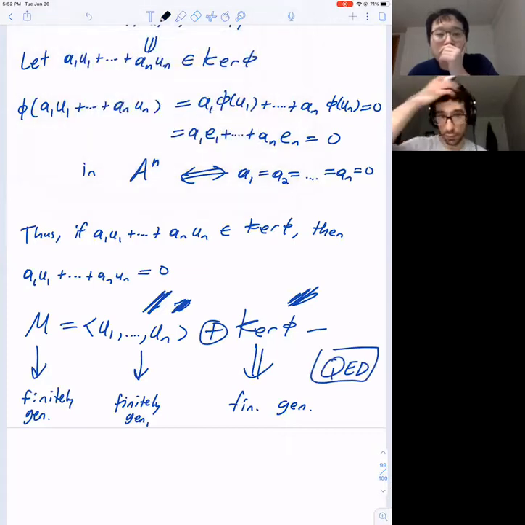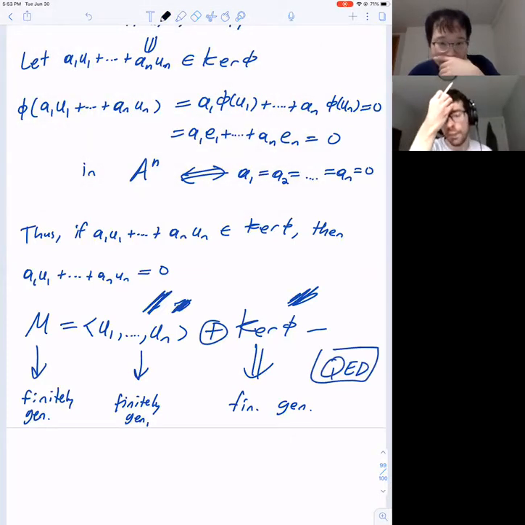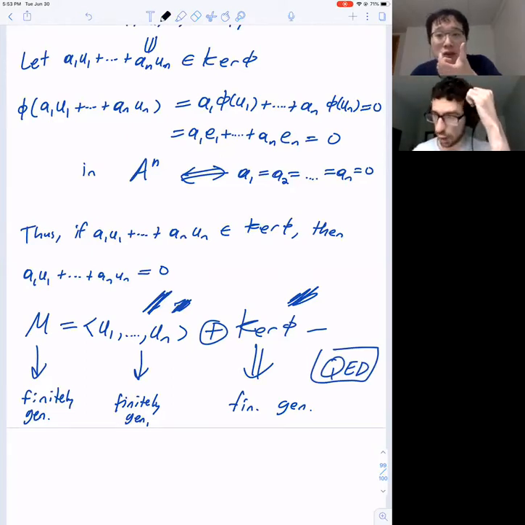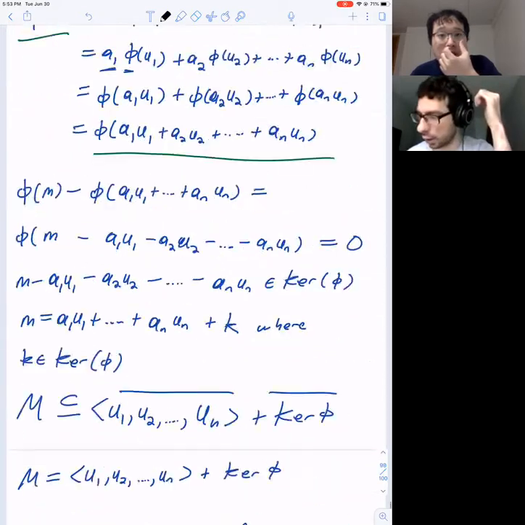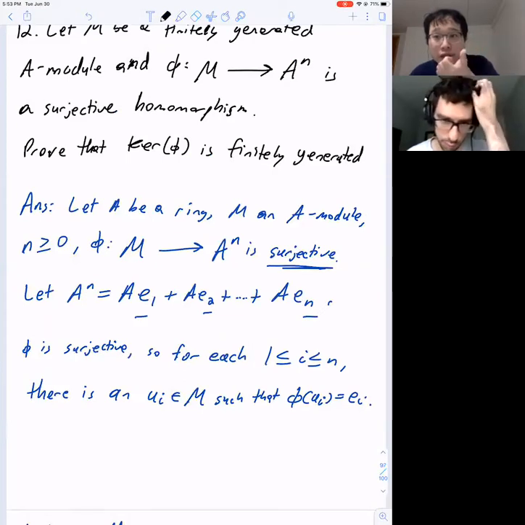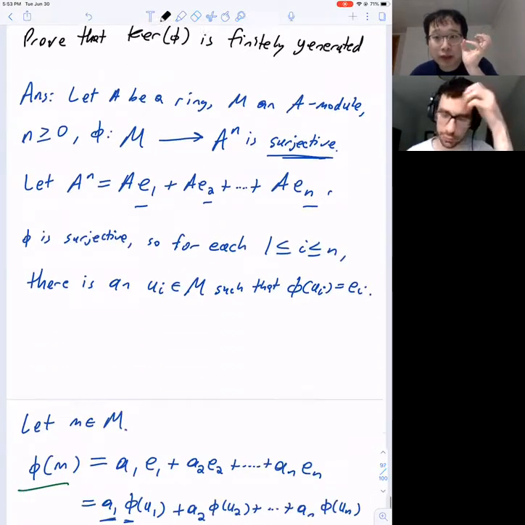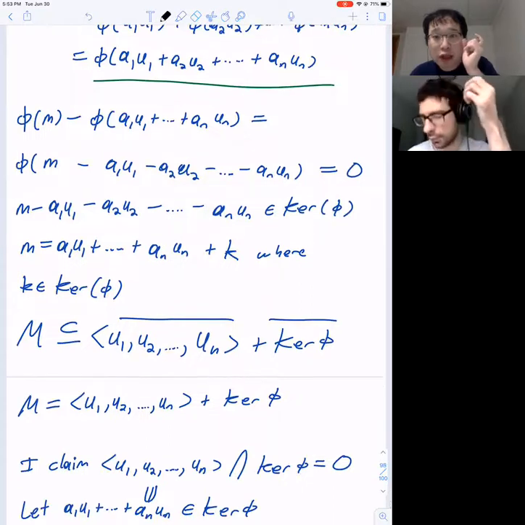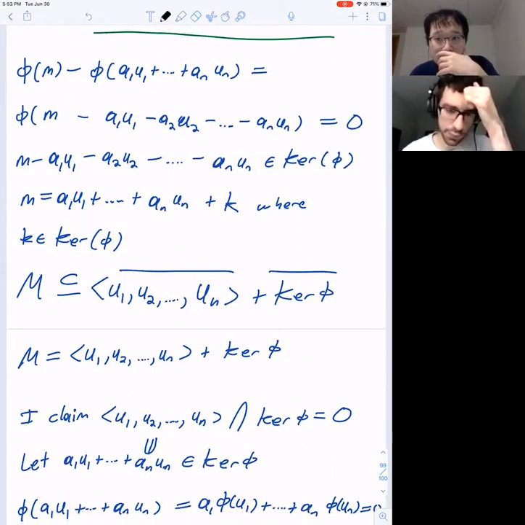I totally agree with the idea and the proof and all the rigorous arguments. I really like it, but it makes me wonder: first you write down m as just a sum of the span of the ui with the kernel, and then you show that it is a direct sum. My question is, without showing the direct sum, isn't it sufficient to already imply the result? Probably.